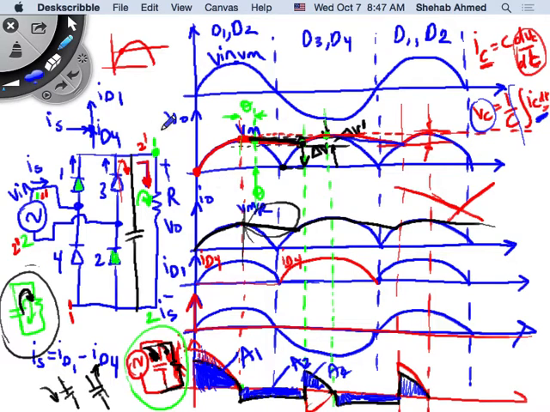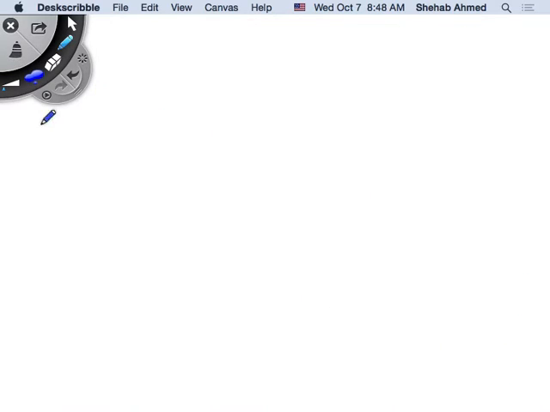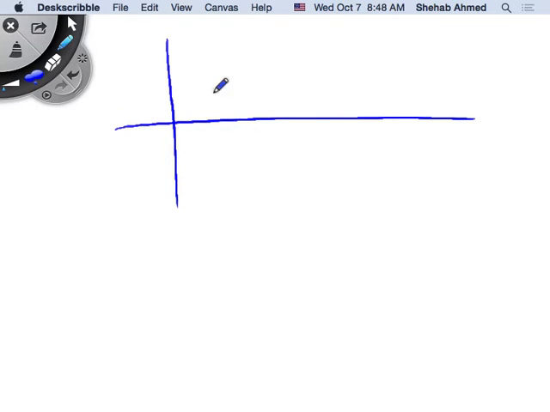Okay, so that's fine. So now, let's say I do something. I give you this capacitor current waveform. It just happens to be equal to what we just saw, fine. But this is a capacitor current waveform. This is some IC waveform.